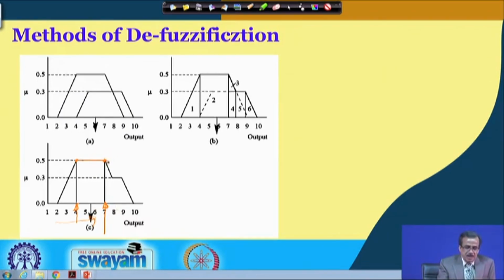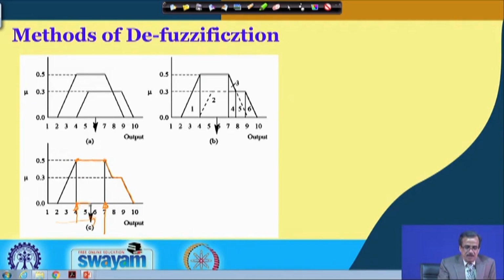And after that mu is going to be reduced, then once again it will remain constant and it is going to be reduced. Now, we try to find out the range for the output variable where mu reaches the maximum. Here it reaches the maximum, and after that it will remain the same up to this.